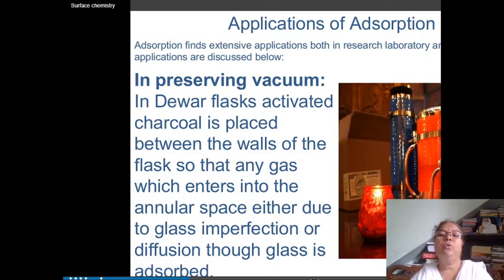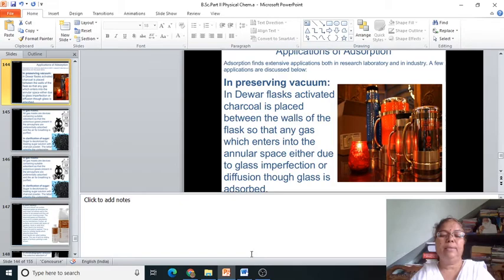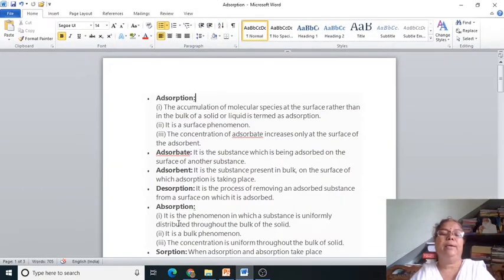Then before going to applications of adsorption we see the basic points, and these are here. Adsorption is a surface phenomenon.